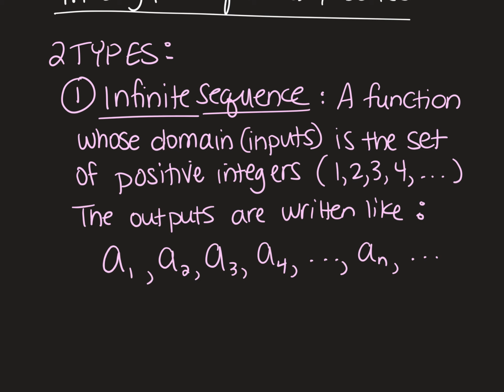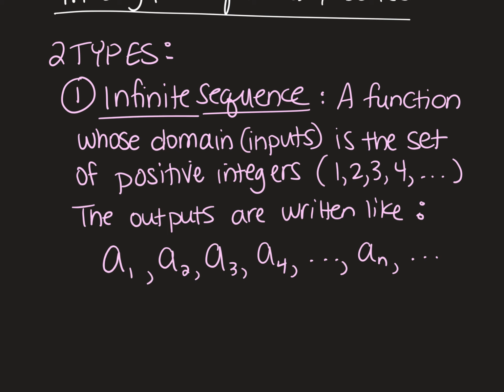So what I'm saying here is that my outputs are written as a sub 1, a sub 2, a sub 3, and so on, up till some random term in the sequence, which we'll use to help us write our generator, and then it continues on. That's what an infinite sequence is. It does not end. It keeps going.